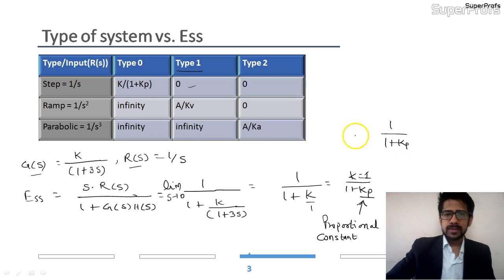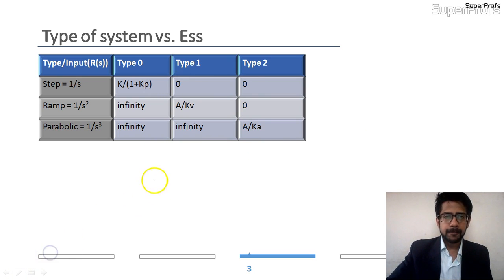Now let us go forward and just revise this table. I will erase everything for you. Thank you. So as we saw, for a type 0 system and step input, you get the value as k upon 1 plus kp. Then for a type 1 system and step input, you get steady state error to be 0, and similarly for a type 2 system, you get steady state error to be 0 for step input.